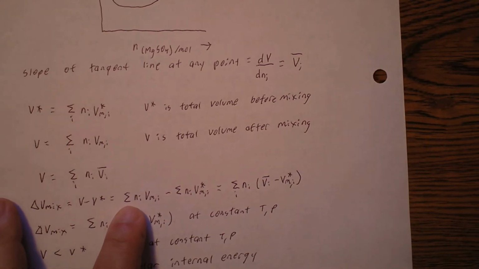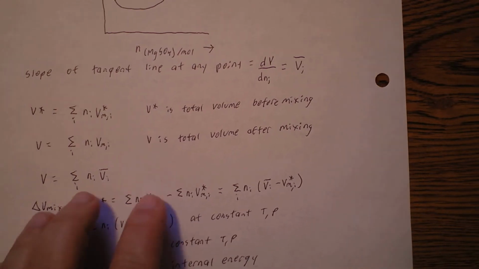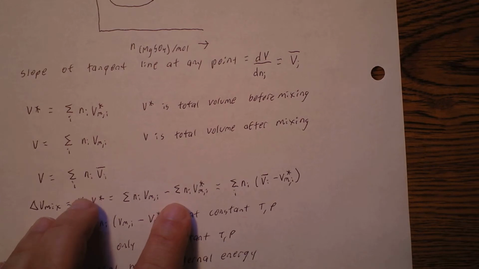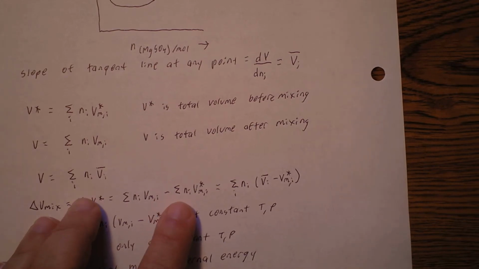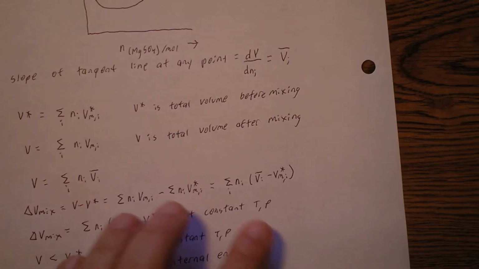Substituting that in, we get the sum over substance I of the number of moles of substance I times the partial molar volume of substance I, minus the sum over substance I of the number of moles of substance I times the unmixed molar volume of substance I.